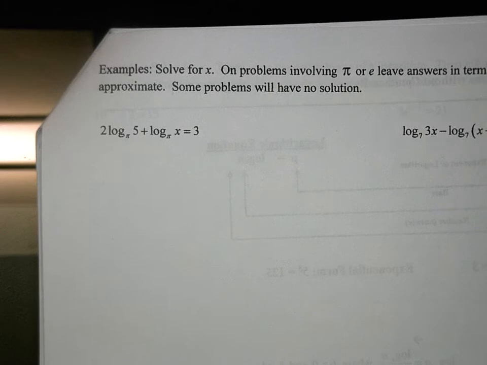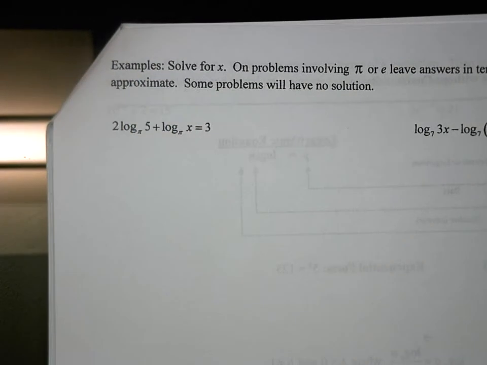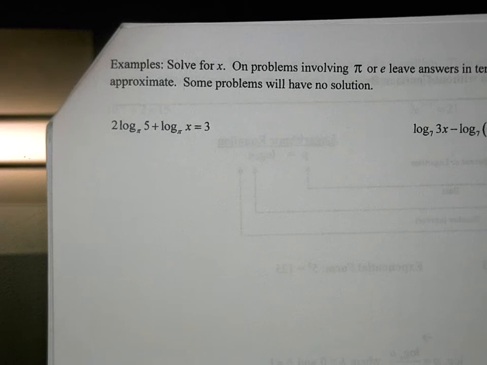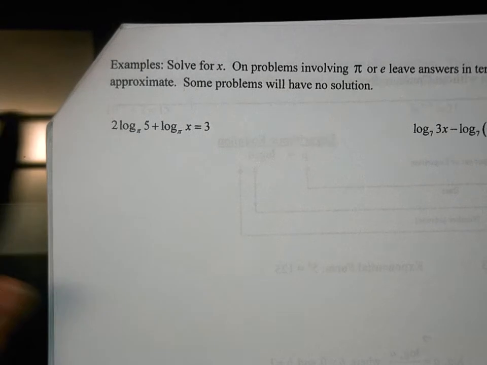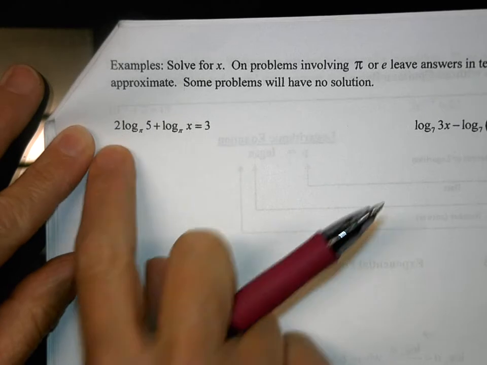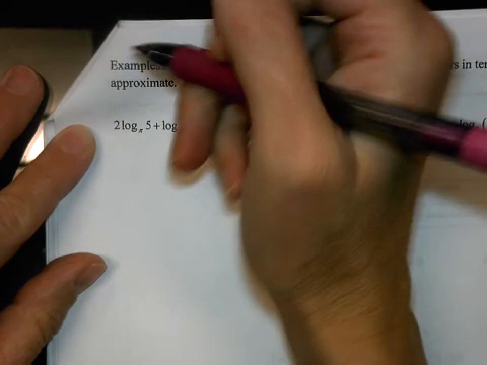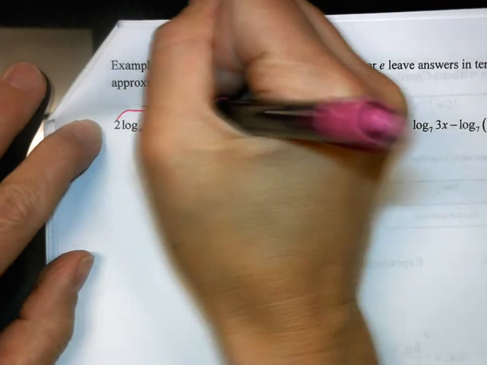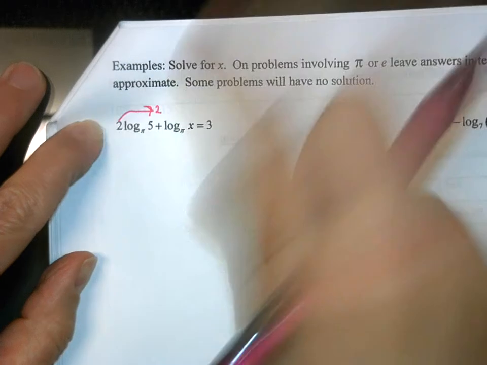Okay, what will I do on this next one? This first problem here on the left. Very good. You need to first take care of any of the coefficients that are not 1. So this 2 gets brought up as an exponent, and that looks like that's it.